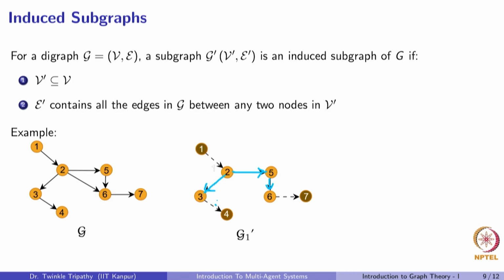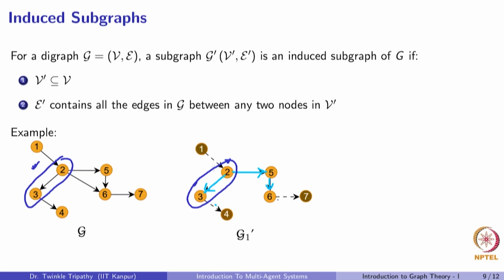In order to check that, let us pick any two vertices, let's say 2 and 3. If we go back to the original graph, we see what are the edges connecting 2 and 3. All of those edges have to be in G prime. We see there's just one edge and that edge is represented here. So it is fine.